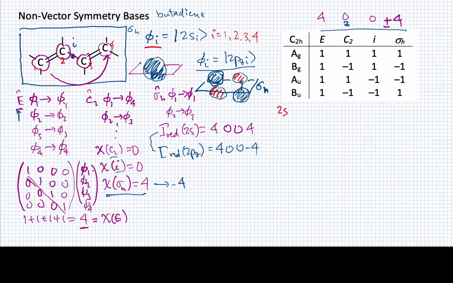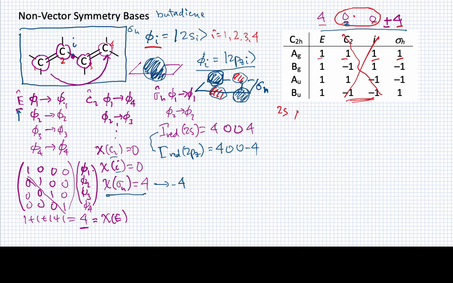Now, you'll notice that because I've got zeros for each of these symmetry operations, these are not going to affect my irreducible decomposition at all. Because what I'm doing is I'm basically taking this number times this number plus this number times this number plus this number times this number and so forth across the way. But when these are zeros, these numbers in here will never contribute to either the 2s or the 2pz decomposition.